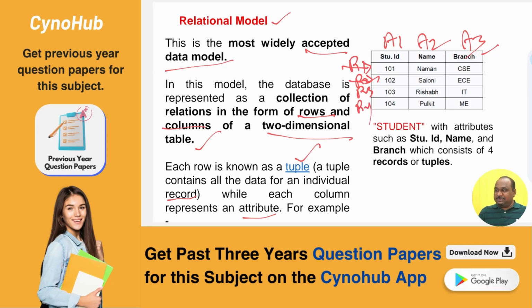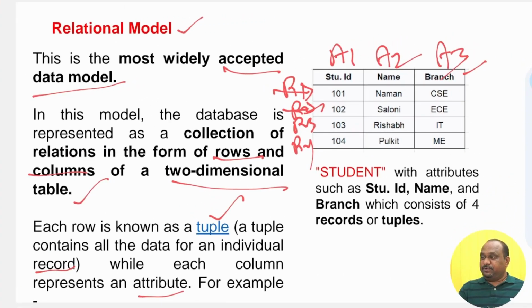So 4 records in this particular entire table with 3 attributes. So you can see student with attributes such as student ID, name and branch, which consist of 4 records, or we can call them in DBMS tuples. This representation is the basic of the relational model.